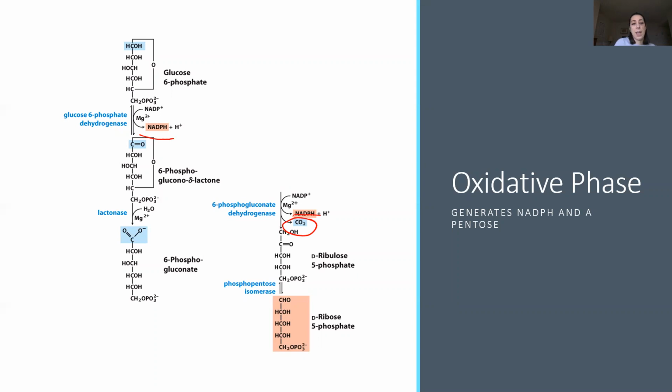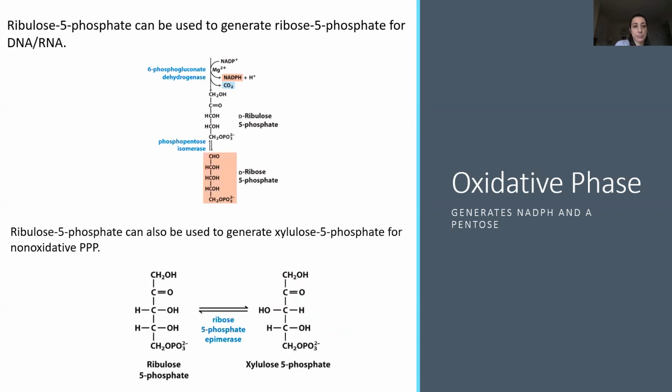We're coming from a 6-carbon long molecule, and we're generating in the end a 5-carbon long molecule. So the carbon itself is released through a CO2. Now, once we generate our ribulose 5-phosphate during this process, ribulose 5-phosphate can then be used to generate ribose 5-phosphate for DNA or RNA.